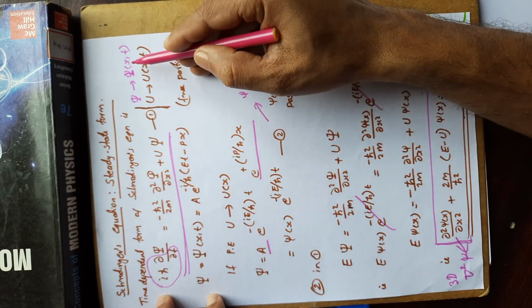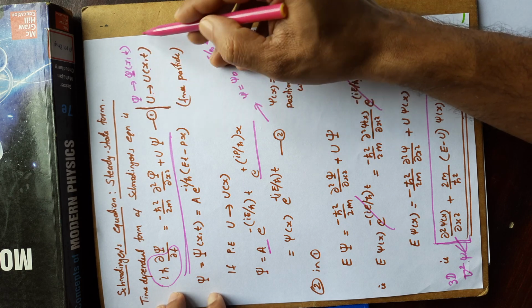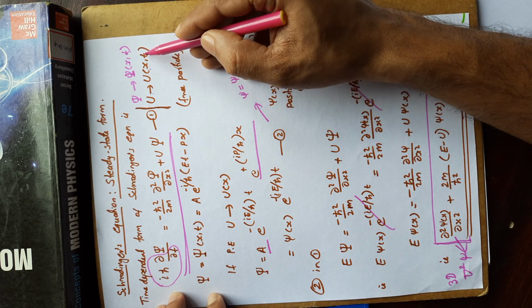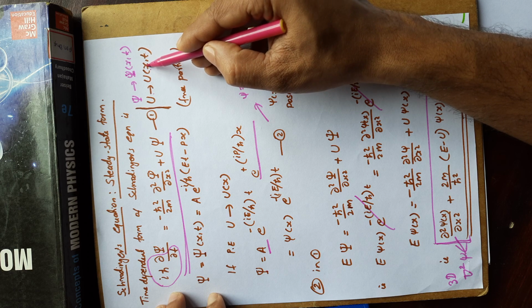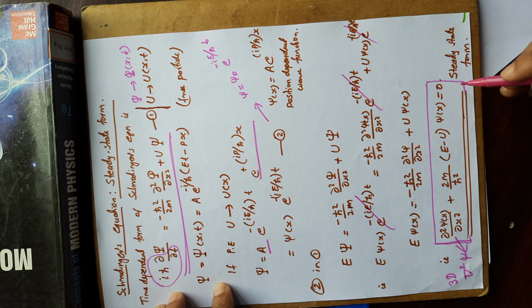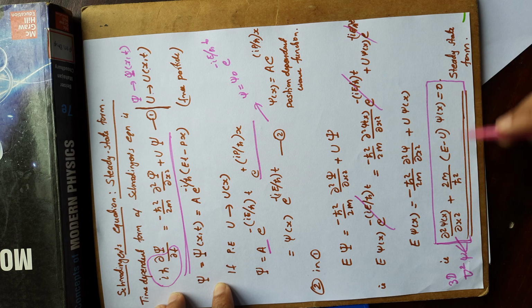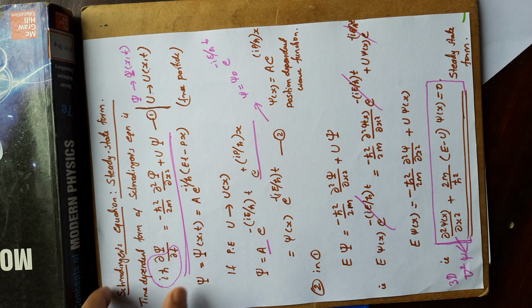Here psi is a function of position and time, and the potential energy also. Now if the potential energy u is independent of time and is a function of x only, our function psi should be a function of x only. So we can express the steady state form of the wave function as a function of position only, as this. Okay. Next.